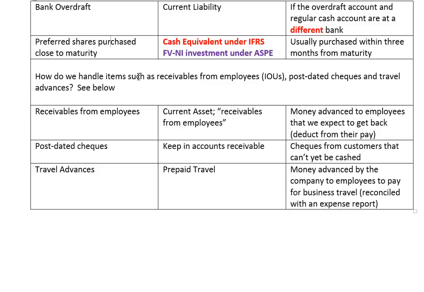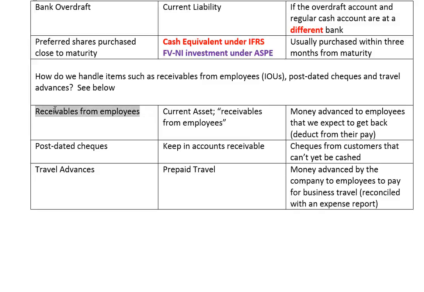Okay. Now, some new items that come up in this particular segment are things like receivables from employees, we call them IOUs, post-dated checks, and travel advances. How do we handle them? Well, first of all, none of them are cash, but they are odd items that we need to know where they go in the financial statements.